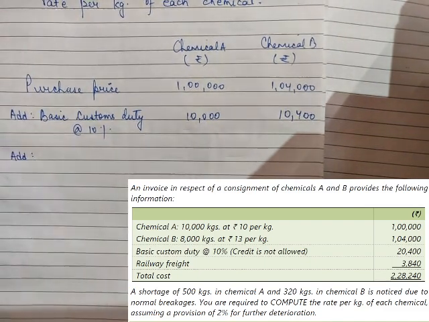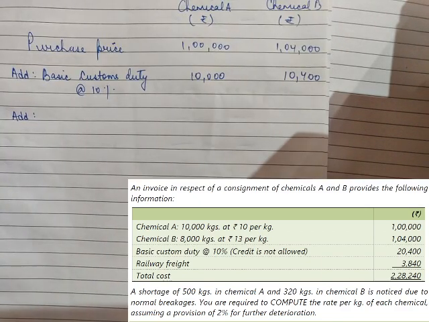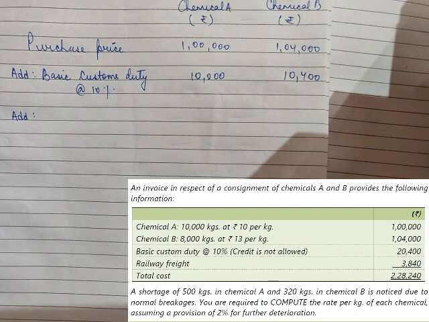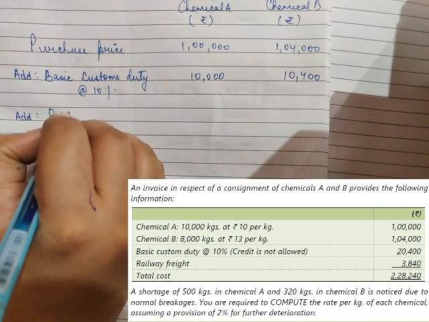Now next is given railway freight. Since this is freight inwards, that is the cost incurred to bring the raw material to the buyer's location, this is a direct cost directly related to the process of procurement. So we are going to include it in the cost of purchases. So add railway freight.